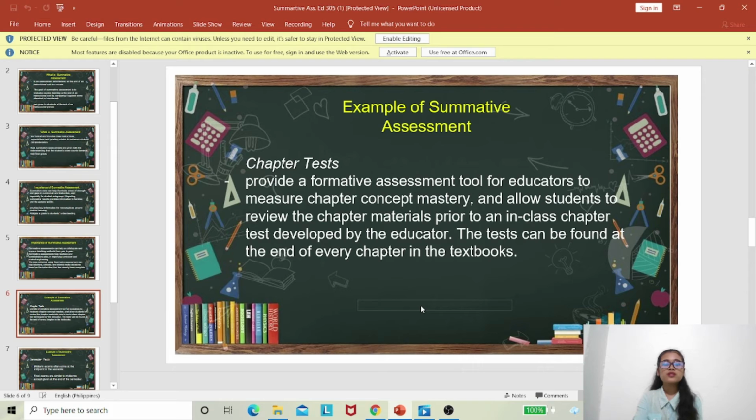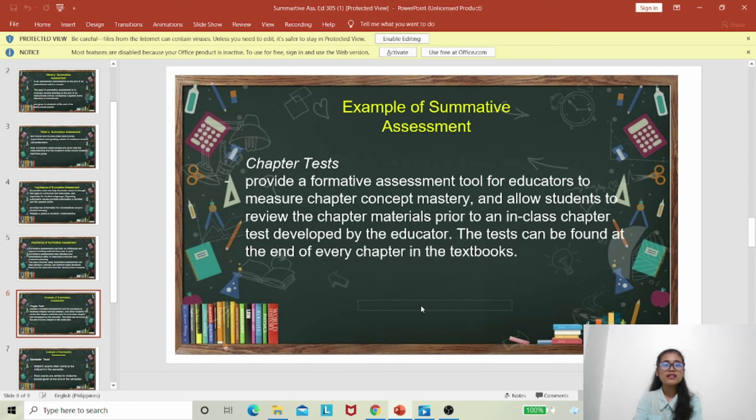Chapter tests provide an assessment for educators to measure chapter concept mastery and allow students to review the chapter materials prior to the in-class chapter tests developed by the educators, and the tests can be found at the end of every chapter in the textbook.